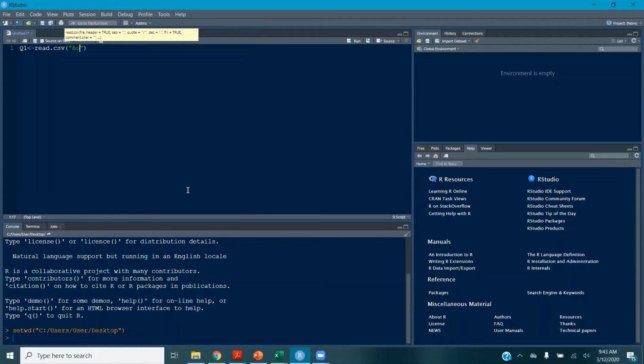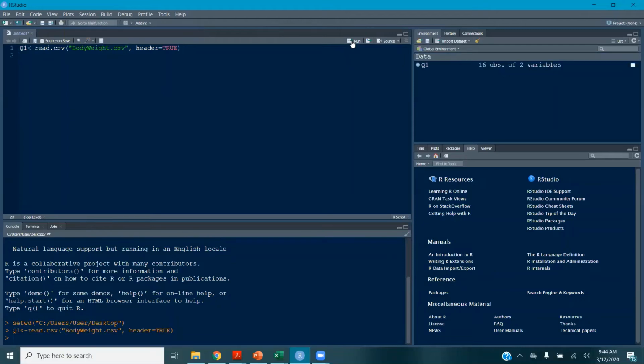You can either type that in or just start typing and press tab, and the rest of it should autofill. Our data does have column names, so we need to tell R that it has a header. So we set header to true. To run this line of code, we either press run or hit Control Enter on your keyboard.